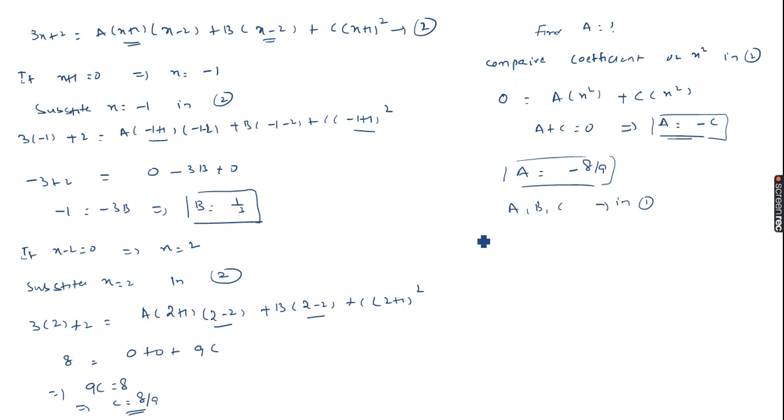That is 3x plus 2 by x plus 1 whole square into x minus 2 equals the a value, minus 8 by 9, by x plus 1, plus the b value, 1 by 3, by x plus 1 whole square, plus the c value, 8 by 9, by x minus 2. So, and we do that integrate.